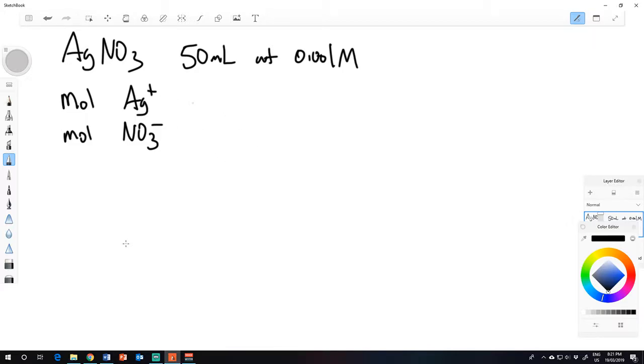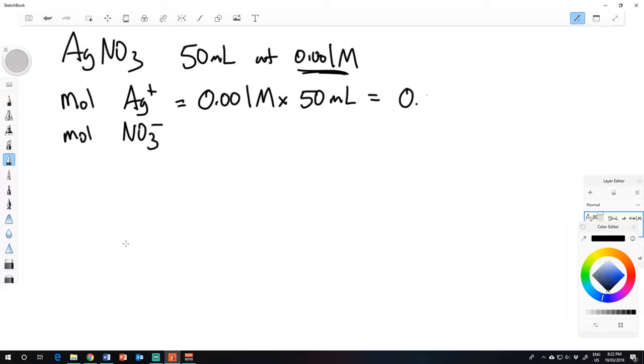So the moles of silver you can calculate as follows. We take the concentration of the silver nitrate and multiply it by the 50 milliliters. Notice I'm not changing my 50 milliliters into liters. This calculation will give me a unit called millimoles.